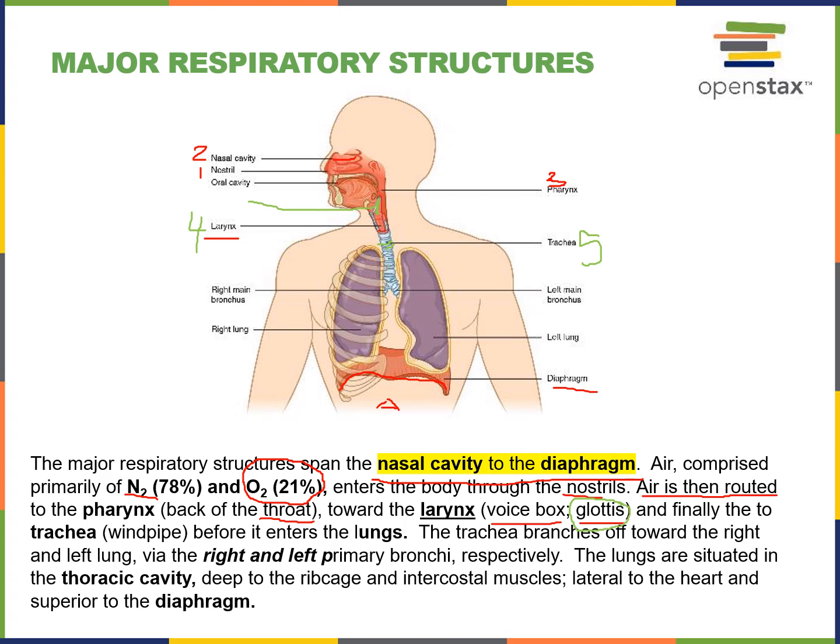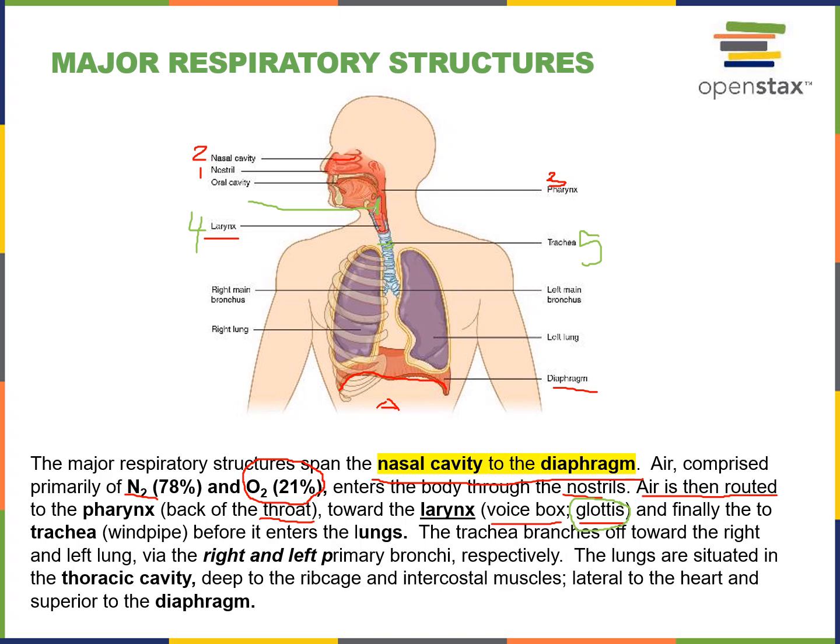It covers it when we swallow food. If you put your hand on your throat and swallow, you'll notice 2 things. The pharynx moves upward, and you don't take a breath at the same time. You can't do both, swallow and take a breath at the same time. That helps make sure that food does not end up in the trachea.